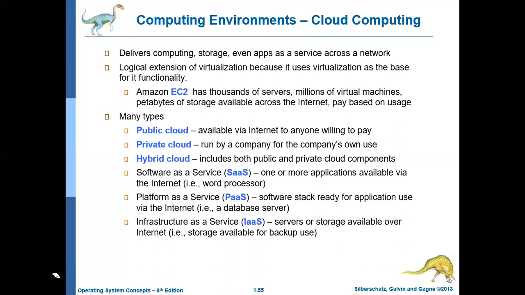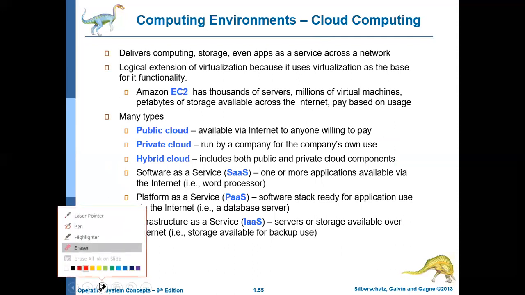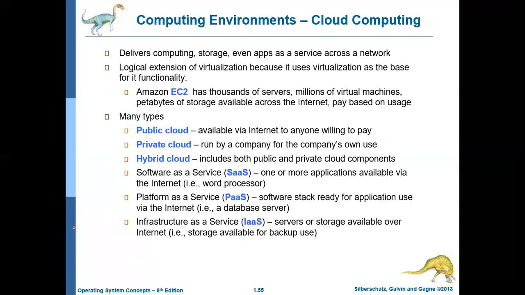The next is the cloud environment. Cloud is also an extension of virtualization, one form of virtualization. It provides certain services, and there are different types of cloud available. Public cloud means it is available via internet for anyone.